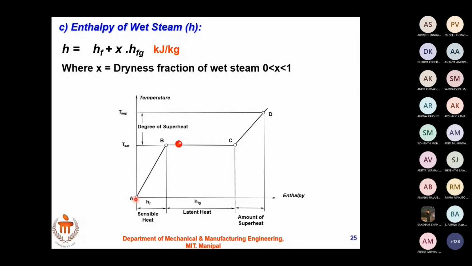Yes, ma'am, but it's enthalpy of wet steam, right? And from A to B, there is no steam. But if you want the enthalpy of wet steam now, you would also contain the enthalpy of unsaturated water. See, how much heat you have utilized, how much energy you have added to this system to take the point from A to here. So we always start from A. Yes, you have to start from A. Got it? Yeah, got it. Okay. Any other doubts?